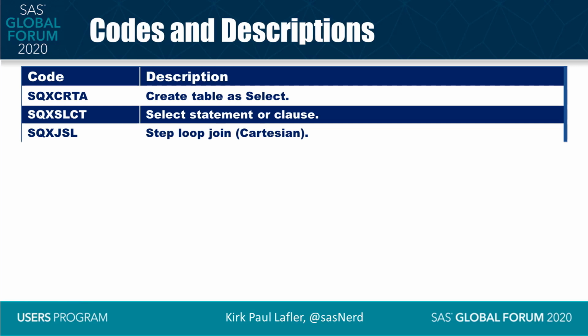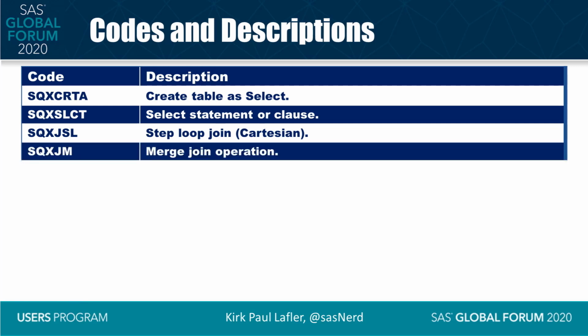Or it might choose SQXJM, indicating that a merge join operation was selected by the optimizer. So these codes give us the ability to inspect how our query is performing behind the scenes, or under the hood.